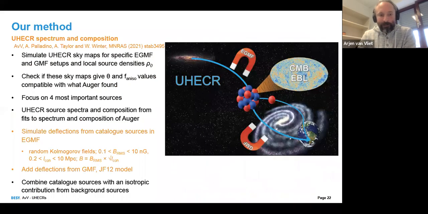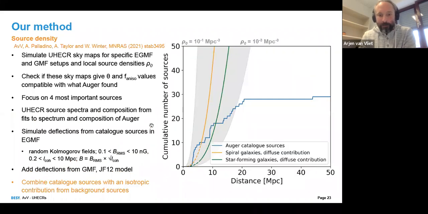We simulated the deflections in the extragalactic magnetic field and galactic magnetic field for different values of the extragalactic magnetic field and one model of the galactic magnetic field. And then we combined the results from these catalog sources with an isotropic contribution from background sources, following a specific source density, and the source density then determines the relative contribution from the background sources compared with these catalog sources.